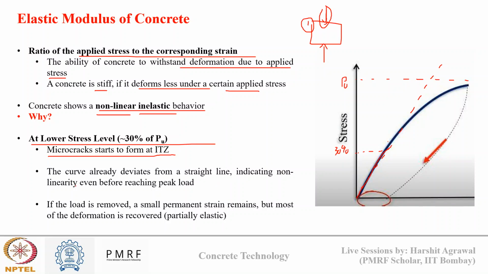This indicates that non-linearity is reached even before peak load. Now if I remove the load at this point, it will regain most of its strain, but only a small amount of permanent strain will remain. That is due to the micro cracking that has occurred at the ITZ, which can't be recovered.